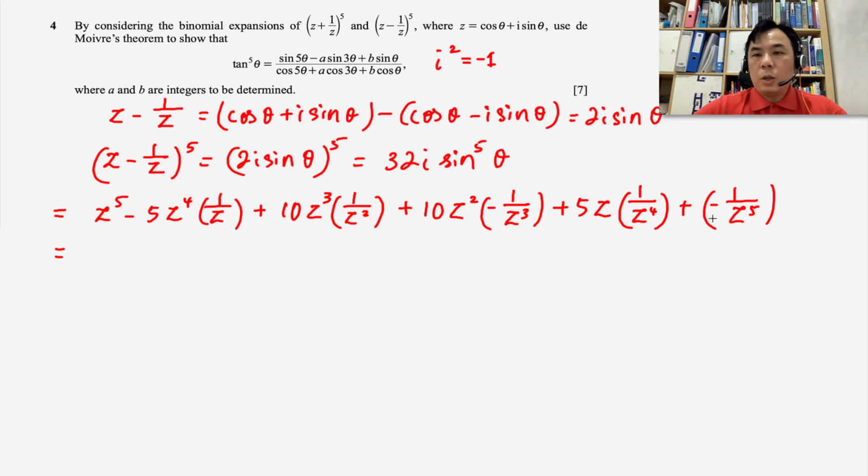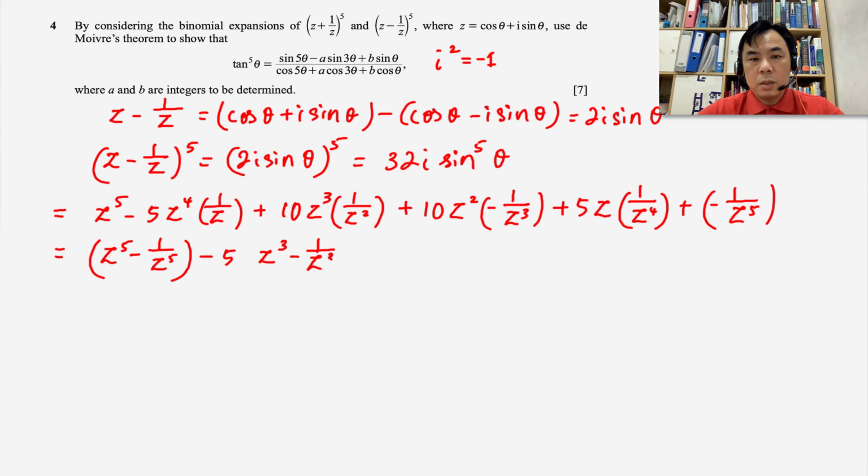Okay, by grouping them together based on your degree, let me see here, we have it over here. Yes, correct. Because it's a subtraction, so I will rewrite that as z^3 then. Okay, and then after that I have my 10, this is z minus 1 over z.